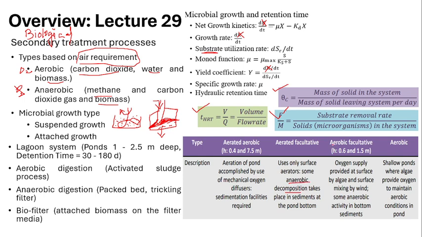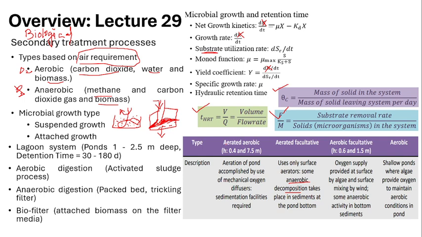And then aerobic facultative: here the oxygen supply is provided like in aerated, but it is also mixed. And some anaerobic activity is there again at the bottom. So this is aerobic facultative. And aerobic is the shallow ponds where the microorganisms provide the oxygen to maintain the aerobic condition in the pond. No external oxygen is given.